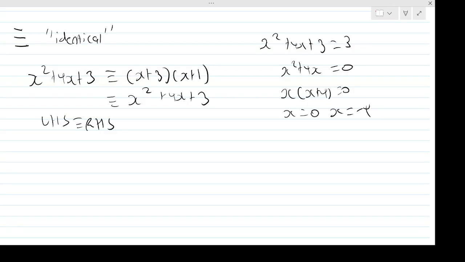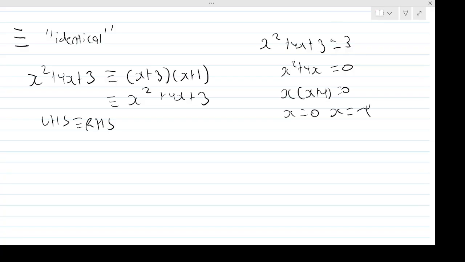So that is the key difference between an identity and an equation: an identity is true for every value of x, so one side is identical to the other, whereas an equation is only true for certain values of x.